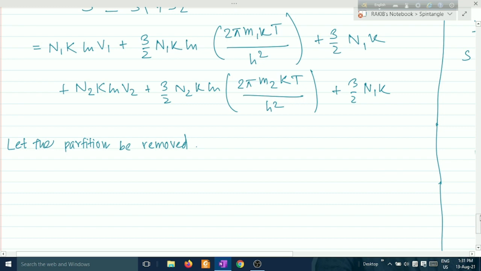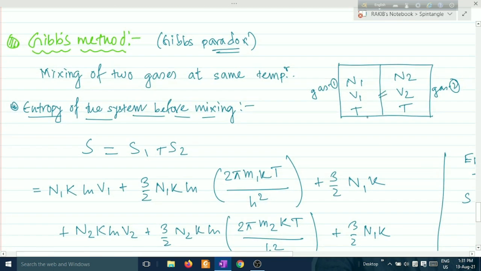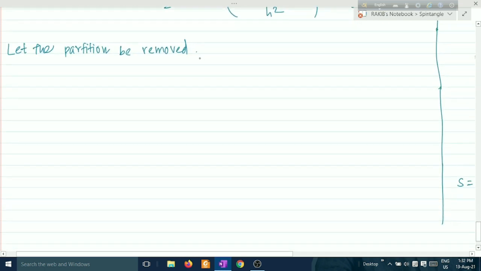If the partition is removed, these two gases will mix, due to the Brownian motion of the particles. The entropy after mixing will be what? The total number of particles is now n1 plus n2, so k ln.